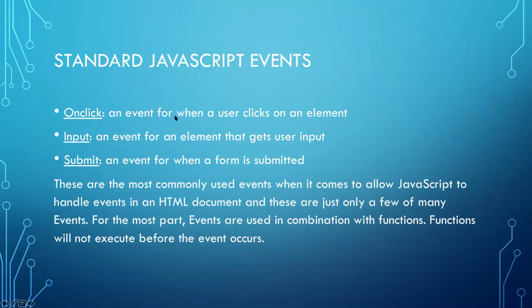We click on a button, input information. So usually onclick and input will work together, and also submit. I think these are the most used. I'm sure there's a lot of other ones. I'm not quite there in being a developer, but these are the most commonly used events when it comes to allowing JavaScript to handle events in the HTML documents.